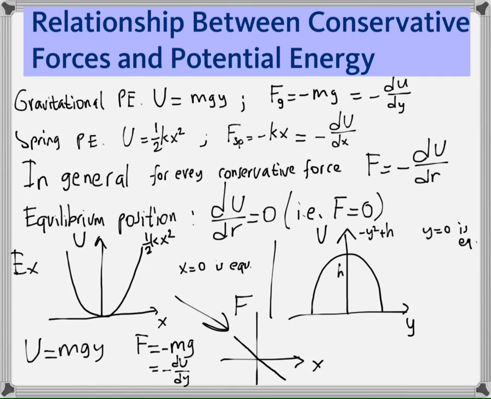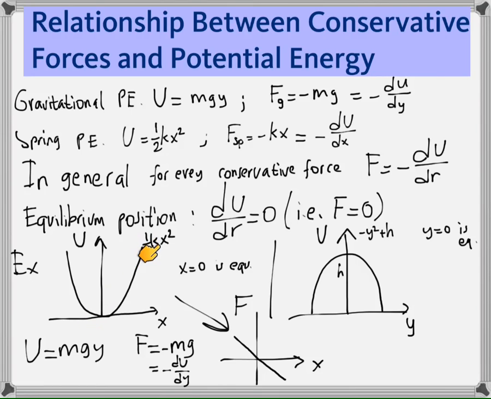Let's see this. The first derivative of the potential 1/2 kx squared is just kx, right? And kx at the origin is 0. So x equal to 0 is an equilibrium point. Is it a stable equilibrium point?